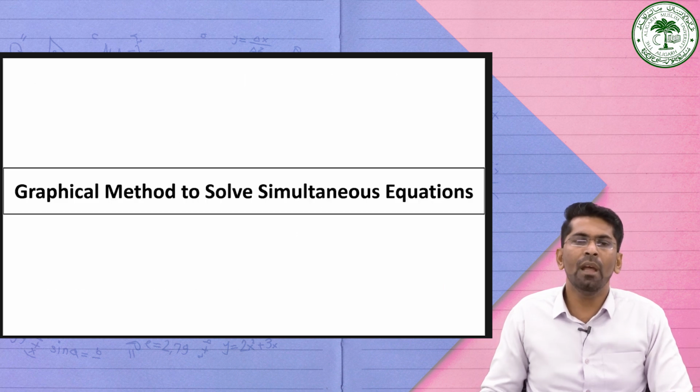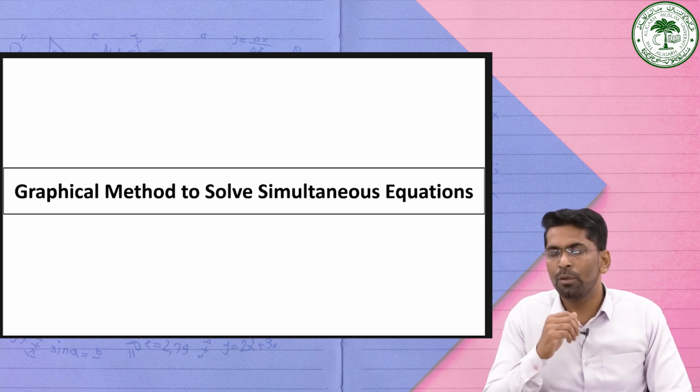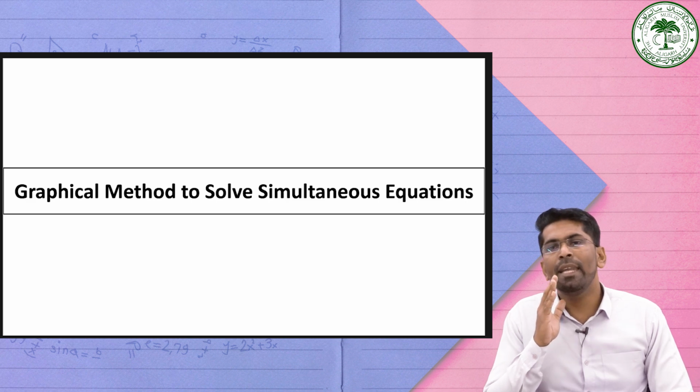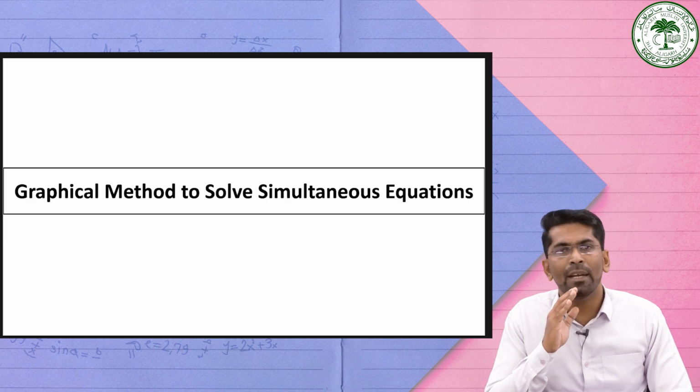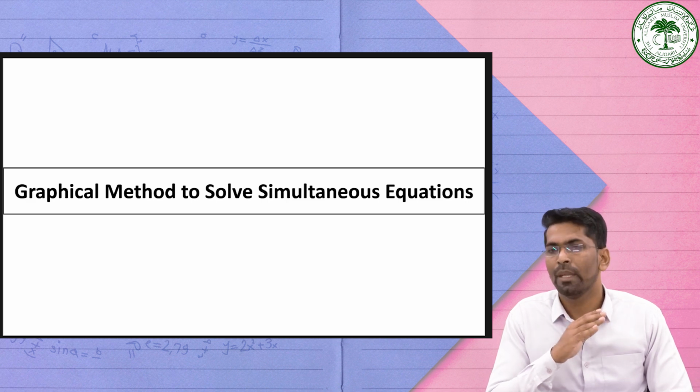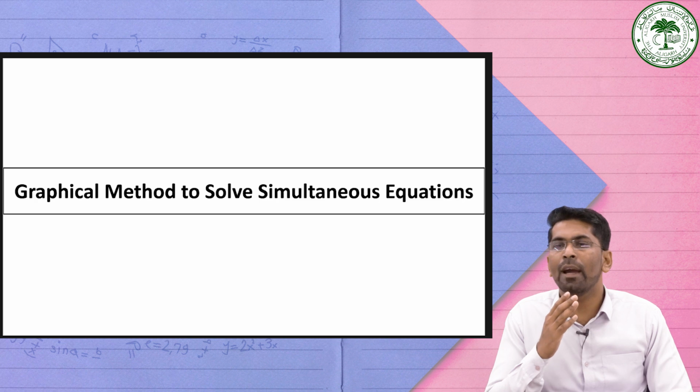Okay. Now we are going to consider how to solve the simultaneous equations with two variables by using the graphical method. See, the graphical solution involves plotting the equations on the Cartesian coordinate system. You know how we can plot the Cartesian system, which we already discussed earlier.